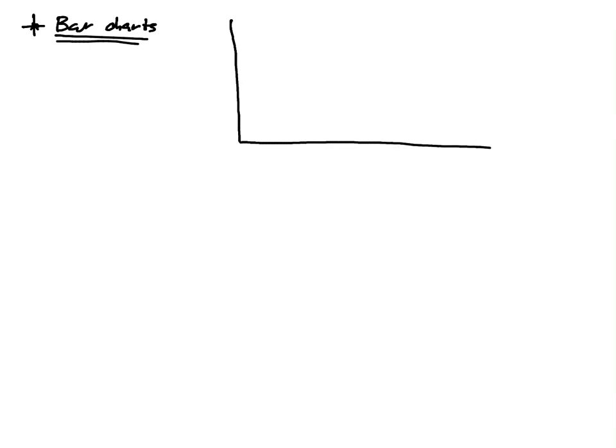So now let's talk about bar charts. A bar chart looks something like this. Okay. So for a bar chart, you have on your x-axis the different categories. So I had finance, then I had marketing, econ, and other majors, right?